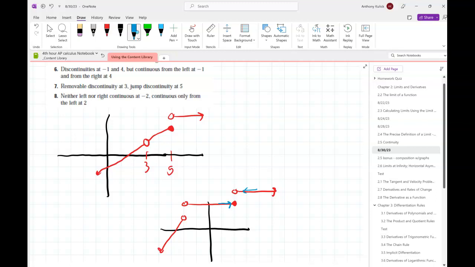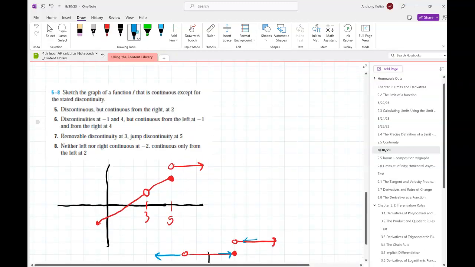So yes. What if you just drew the one horizontal line? Like this? Or even with, does it have to have the arrow at the end there? Oh, I guess not. Does it have to go on to infinity? Well, here's what I would say: the directions say it's continuous except for the stated discontinuity.